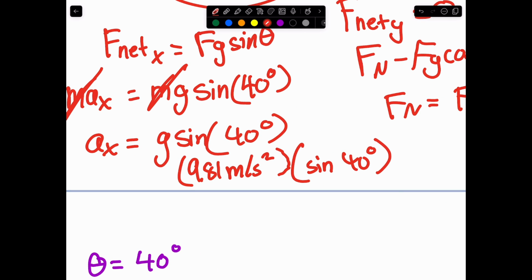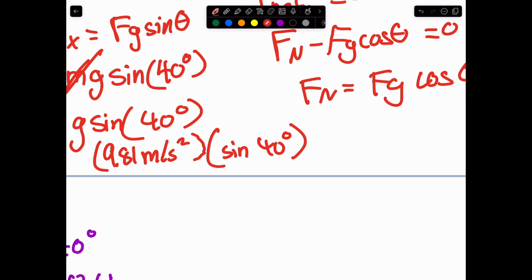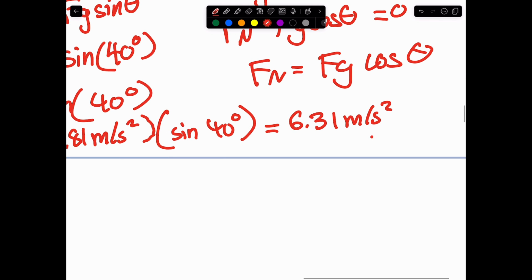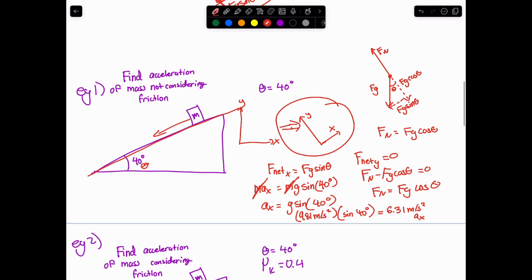And so g times sine of theta turns out to be 6.31 meters per second squared. And that's our a x value, which in this case is the only a. There is no a y in our new axis because it's not going that way. And so we have solved the problem. We found the acceleration of the mass.